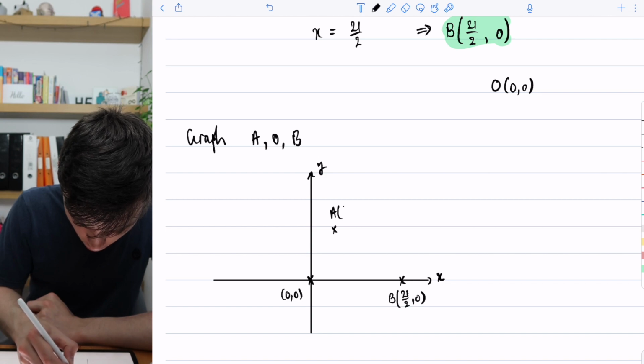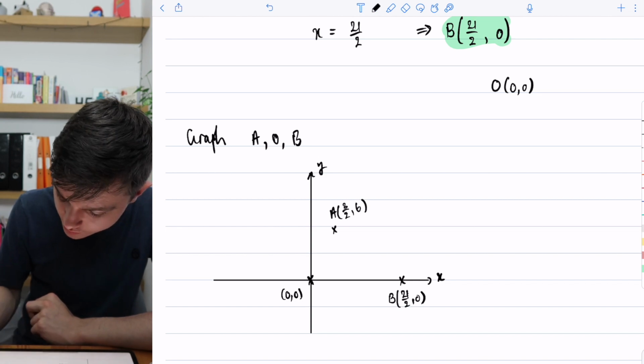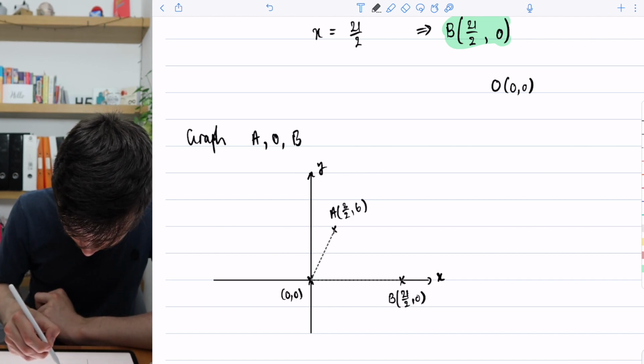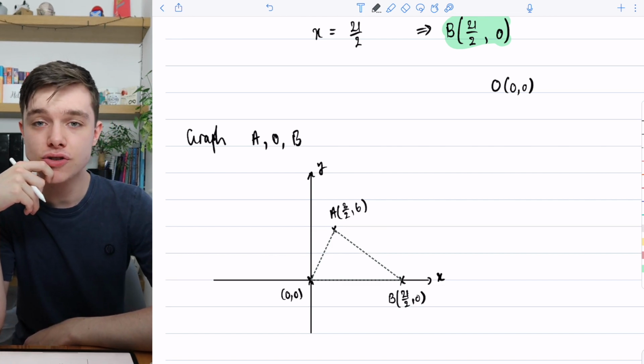Okay, so 1.5 is 3 over 2, and that's 6. And let's connect all of these points together like that. Okay, so this is now a triangle.